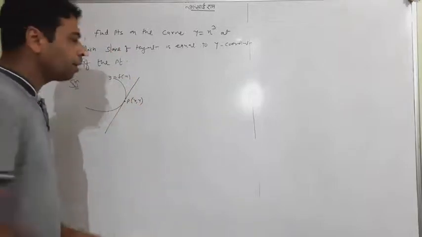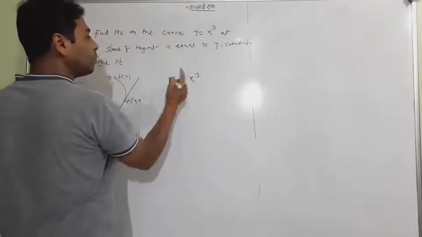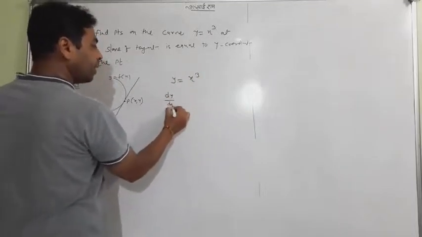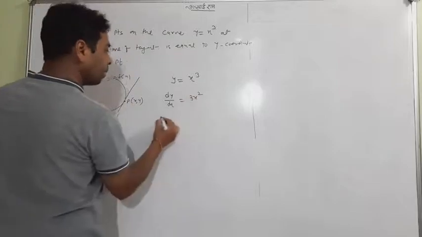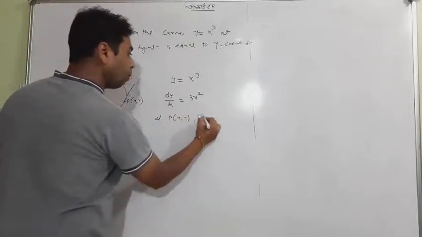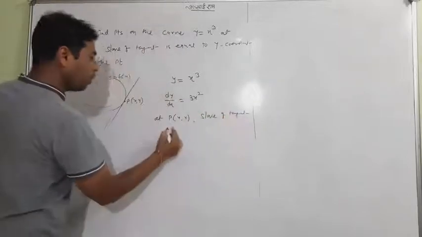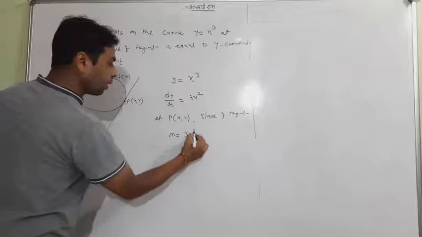It's very simple. By taking the curve equation, find dy by dx, which will be 3x². At P(x, y), the slope of the tangent will be m equal to 3x².